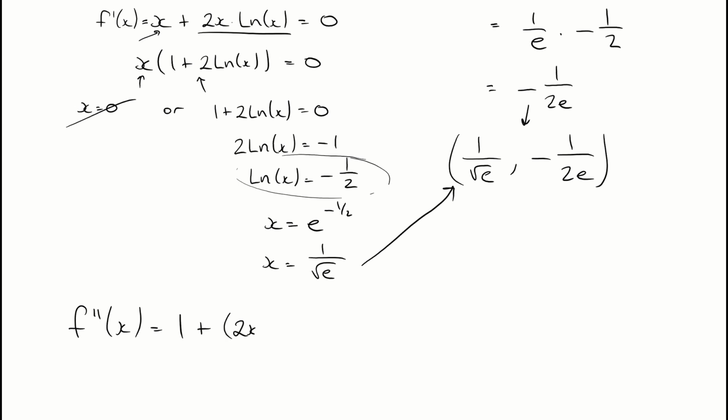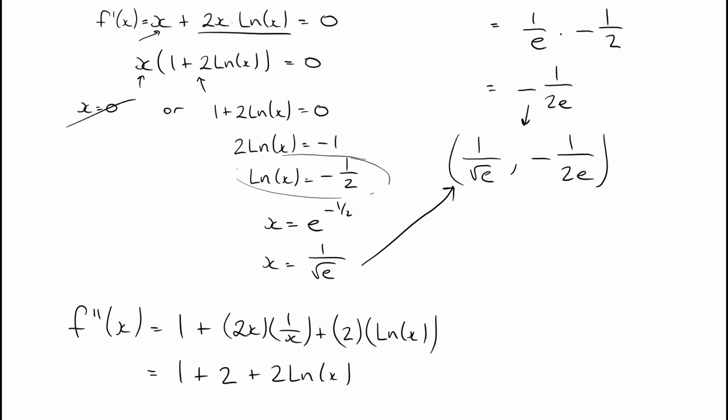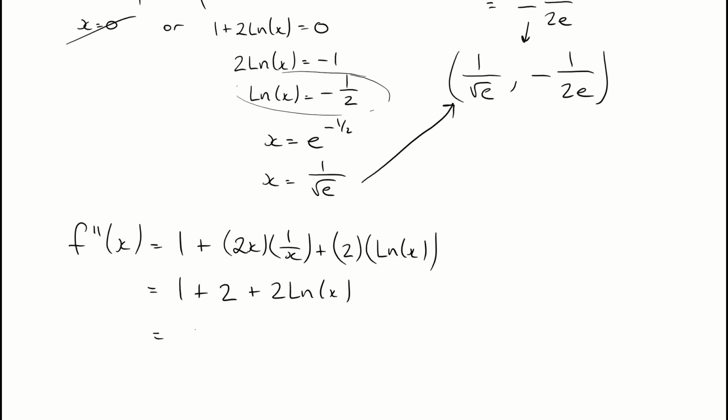Keep the first part the same, differentiate the second bit, add on the derivative of the first part multiplied by the natural log of x. So we get 1 plus 2 times the natural log of x, which is just 3 add 2 lots of the natural log of x.